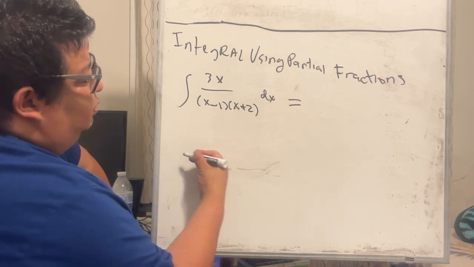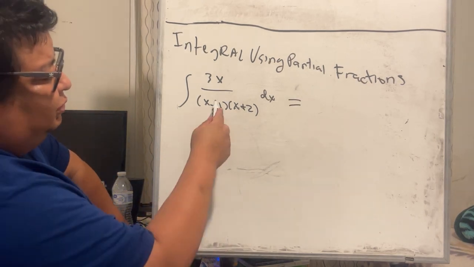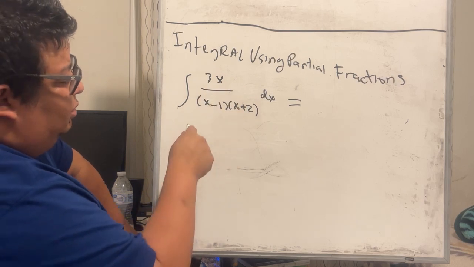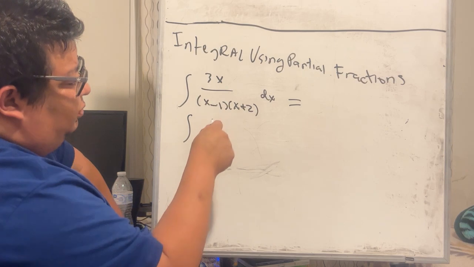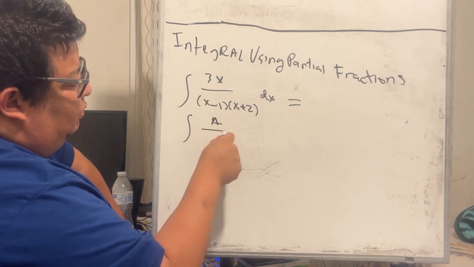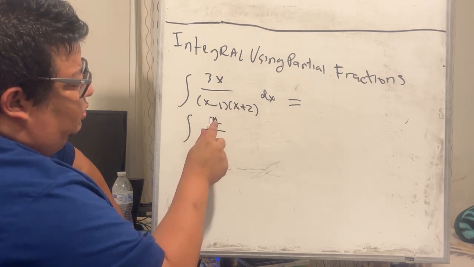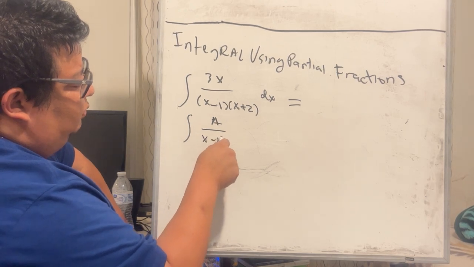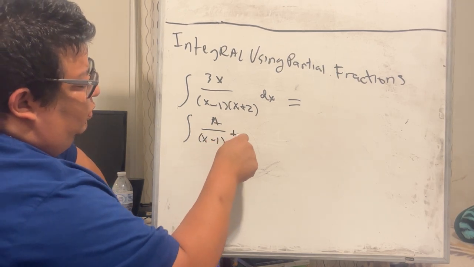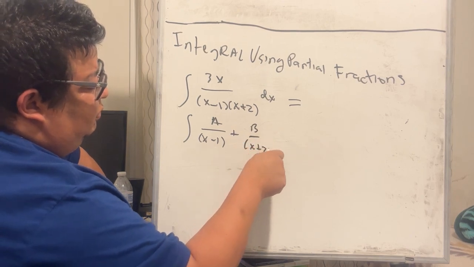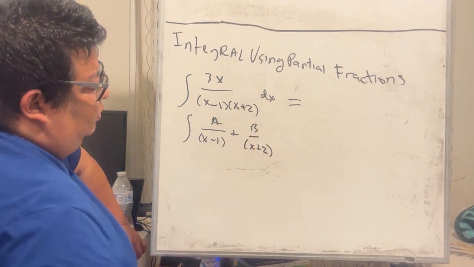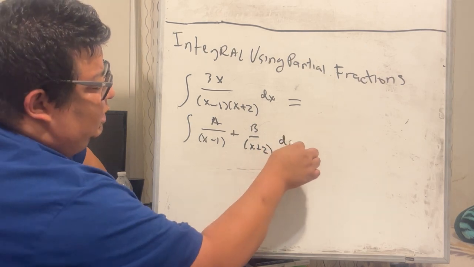So the way you would do it is you would do partial fractions on this here as follows. This integral becomes the integral of A over x minus 1 plus B over x plus 2 dx.